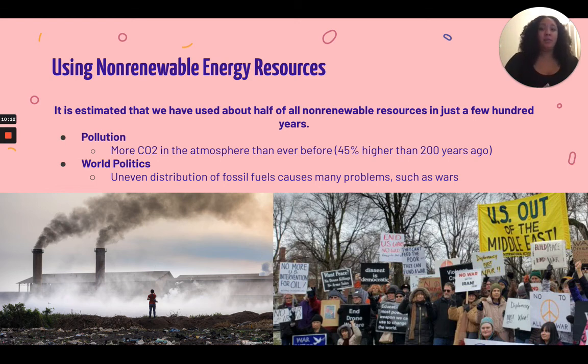Okay, and with the uneven distribution of fossil fuels of coal, oil, and gas, that could cause many problems, making wars and world politics a problem when we use non-renewable energy resources. Okay, so with non-renewable comes pollution, it comes politics, and again, it's finite, so it's not forever. We have to think about how we're using it and when it's going to stop.